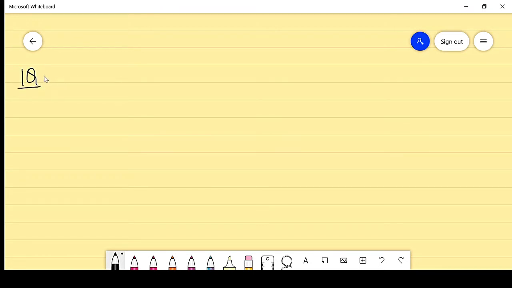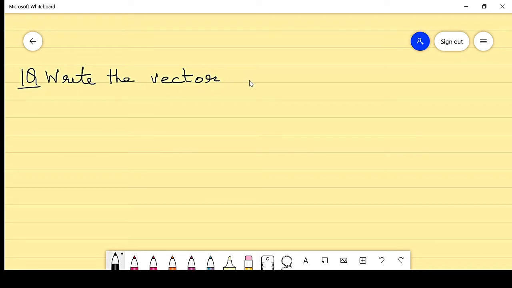Write the vector. So I am just writing the question also because you can understand what is given and what we want to prove.